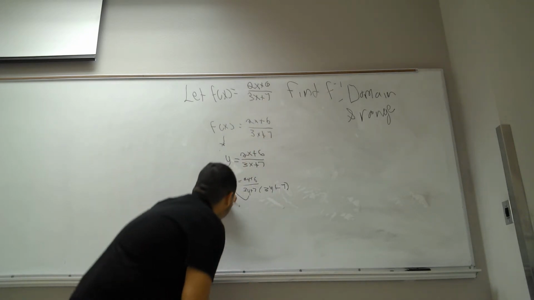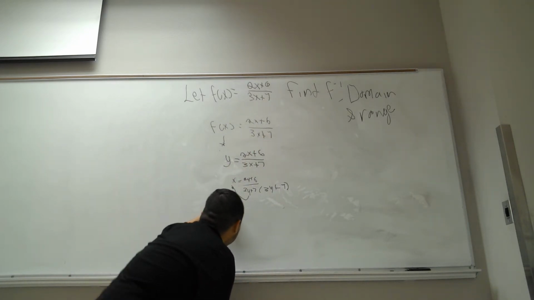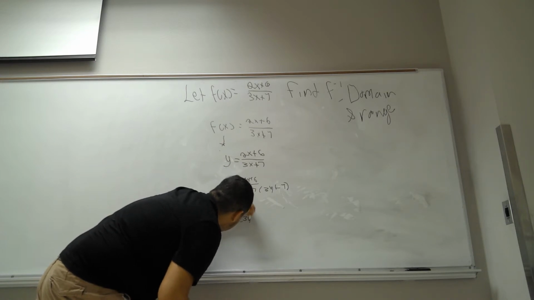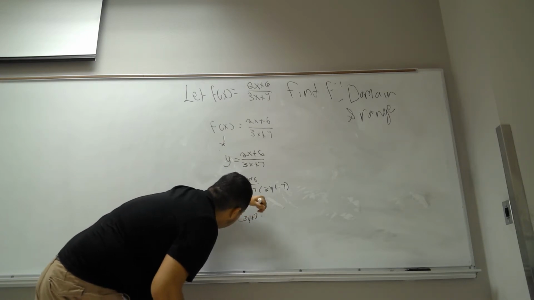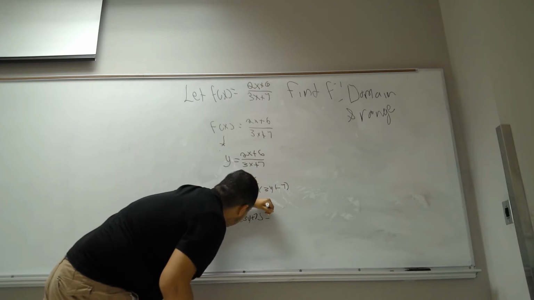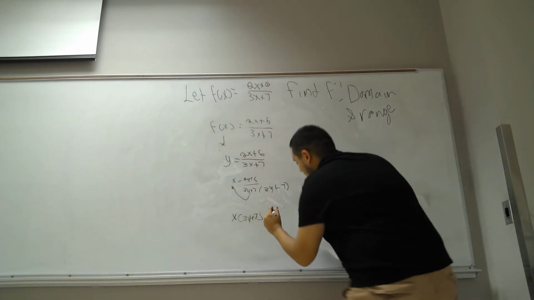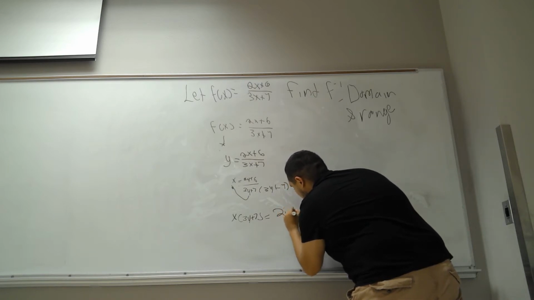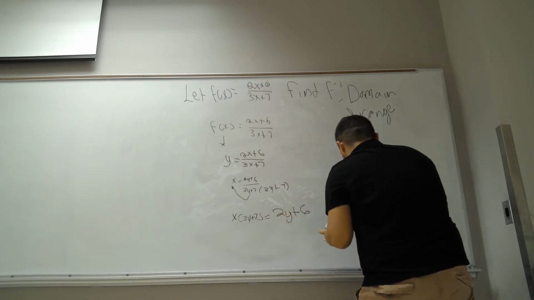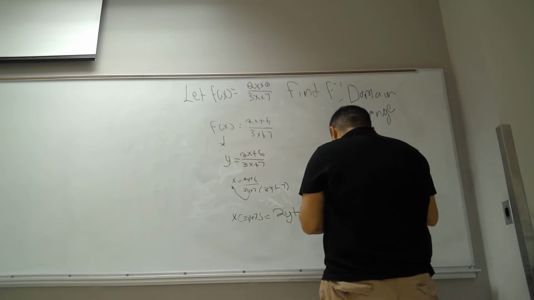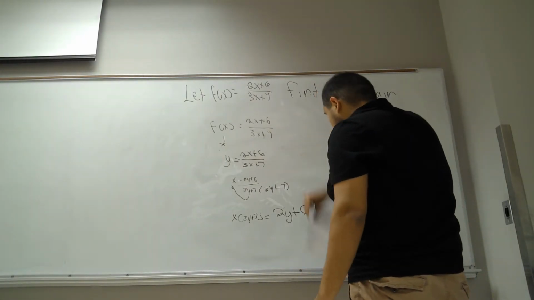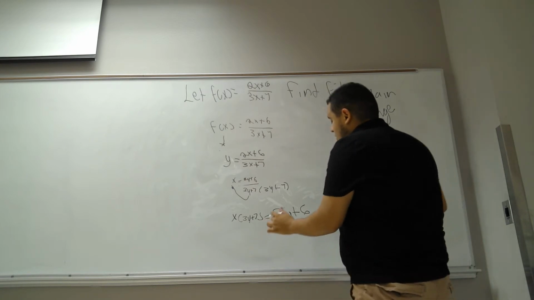So you're going to end up with x times (3y plus 7) equals 2y plus 6.